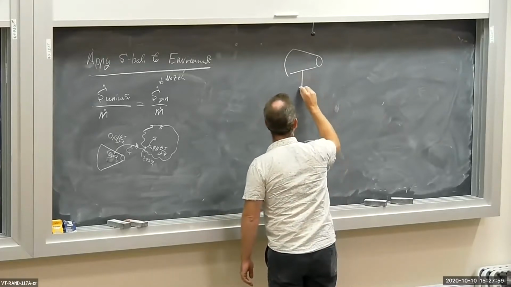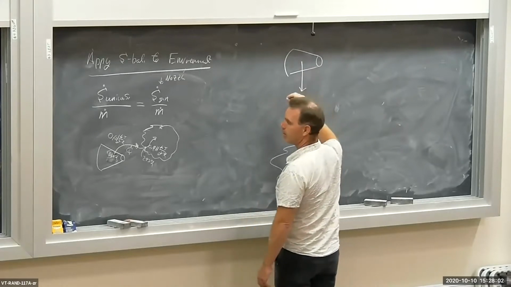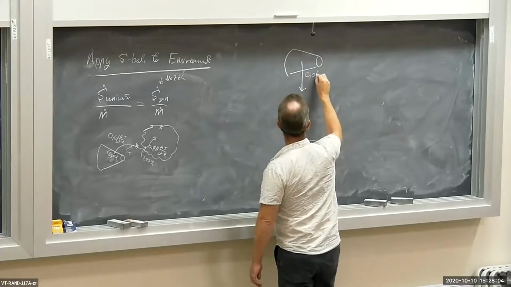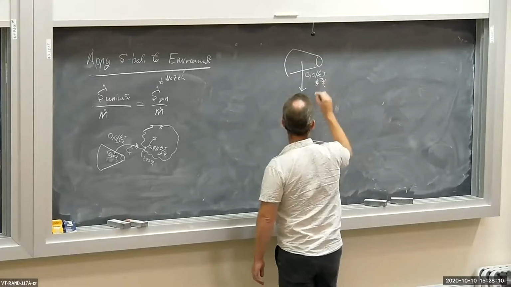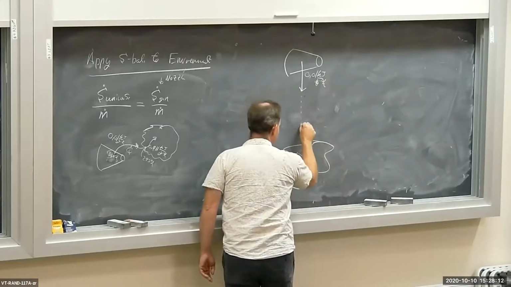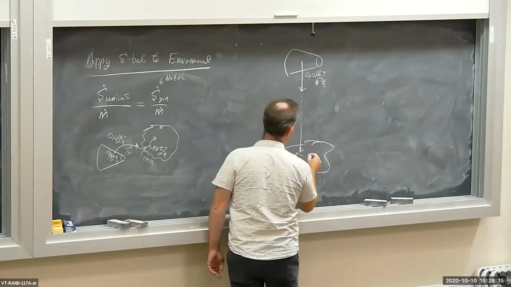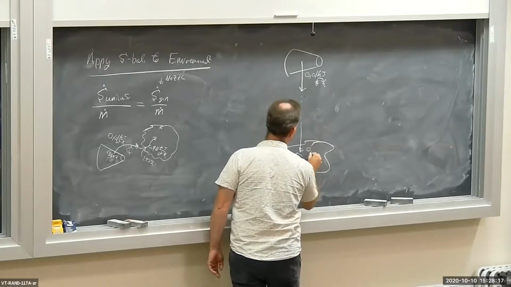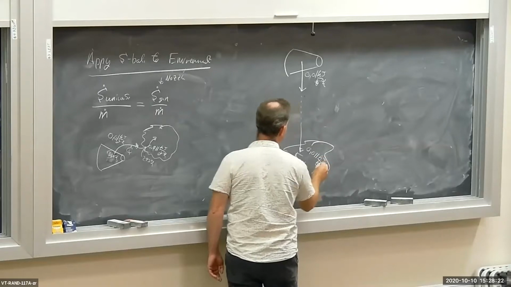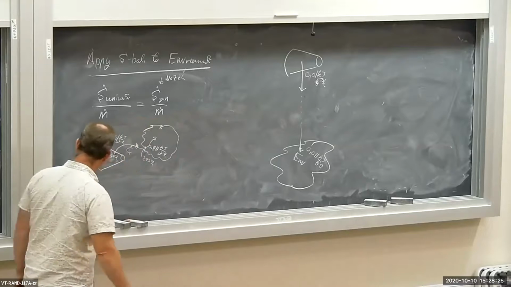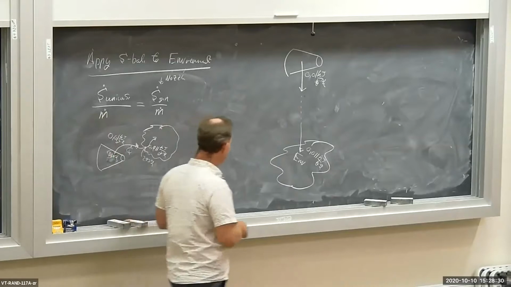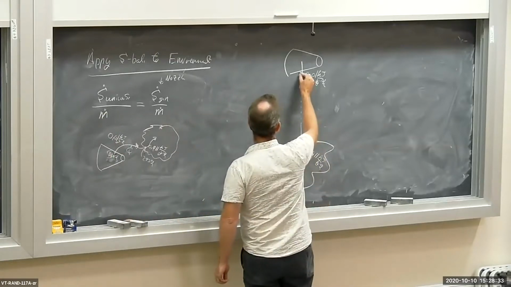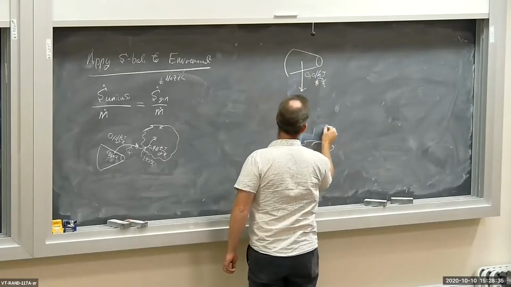Entropy is being transferred into this region by an amount 0.01 kilojoule per kilogram degree Kelvin, and it's being transferred into the environment at a rate of 0.011 kilojoule per kilogram degree Kelvin. And in between is my buffer region, or my boundary between the two systems.